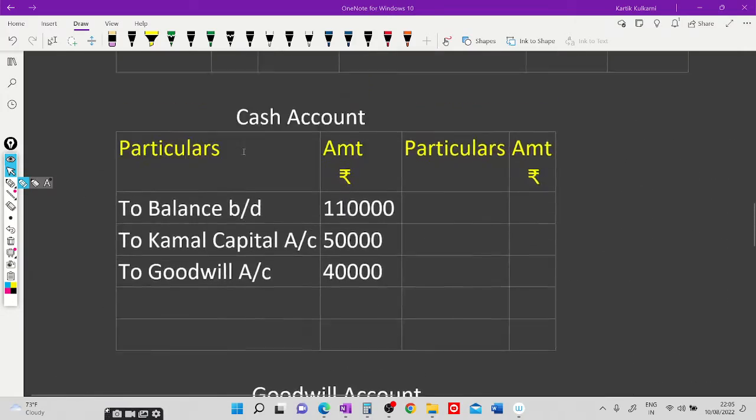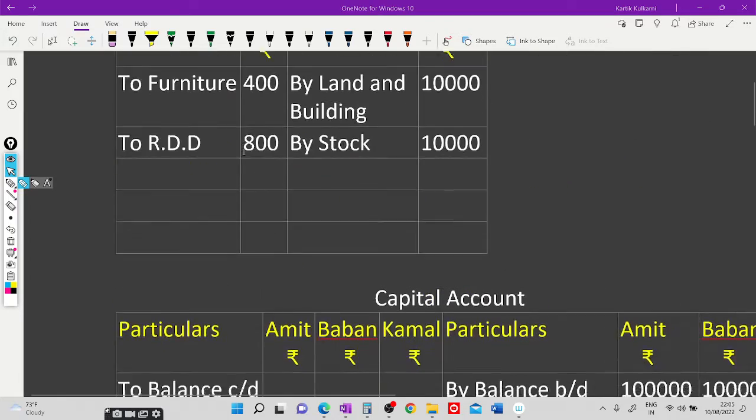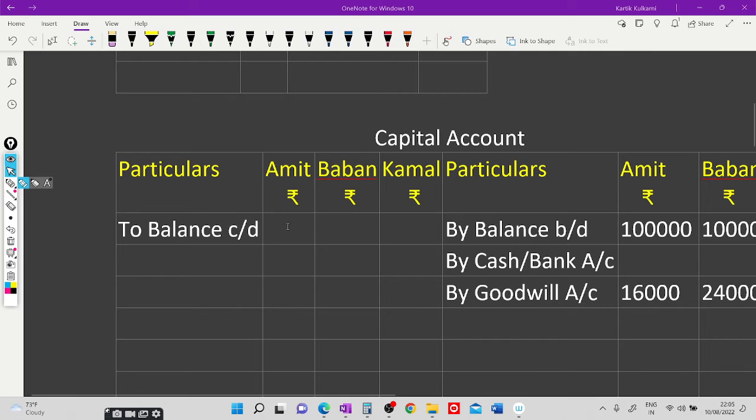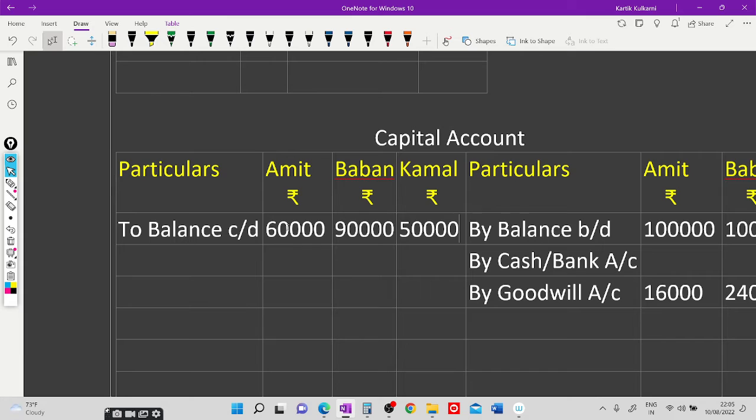So let's come to capital account. In the debit side, it is 60,000, 90,000 and 50,000. This is balance carried down.